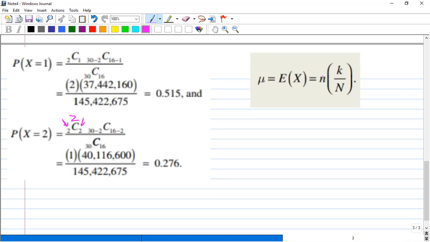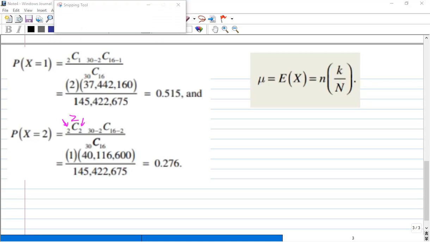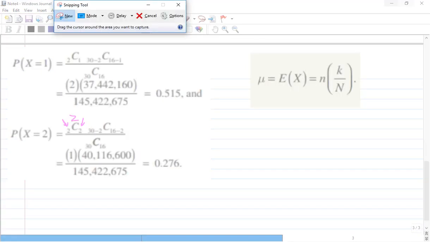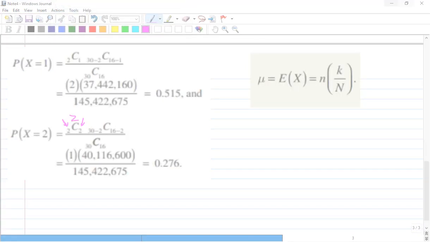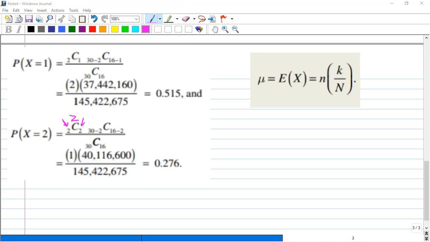It's just little n times little k divided by big N. Not hard at all. There are a couple more calculations for the variance or the standard deviation, but it's still just using these same numbers. You don't have to do any kind of combinations to figure them out.